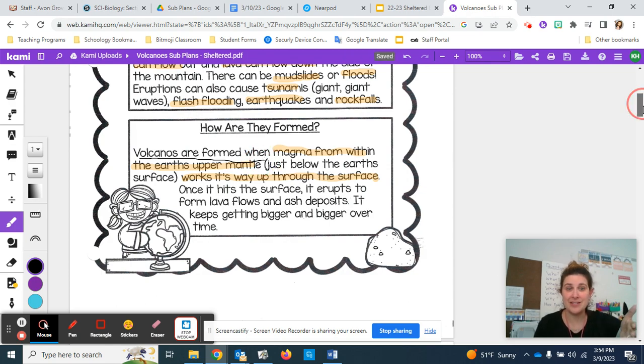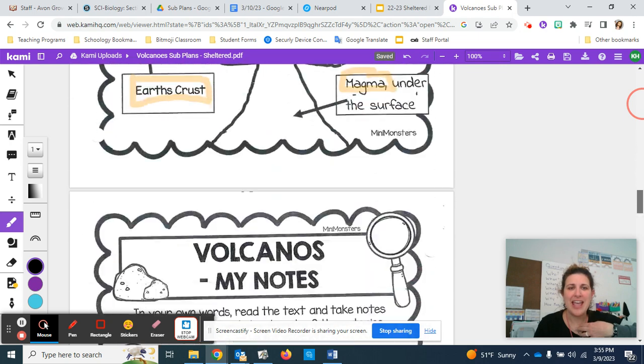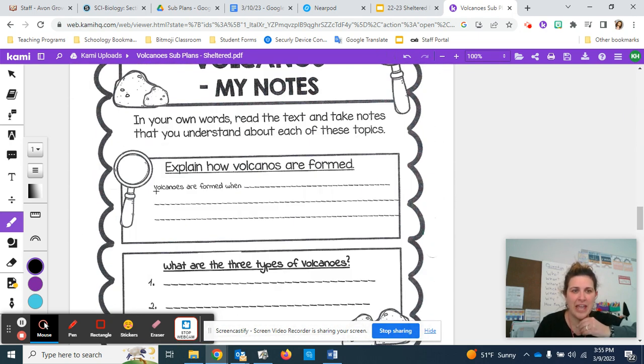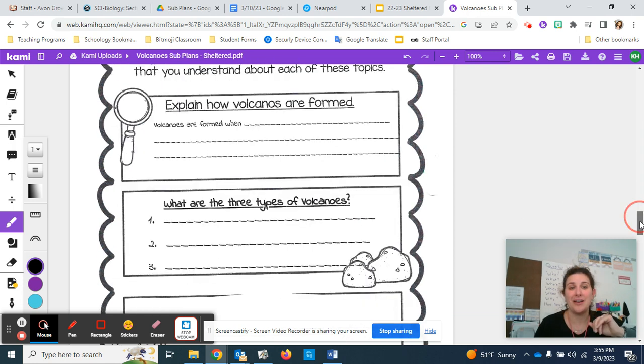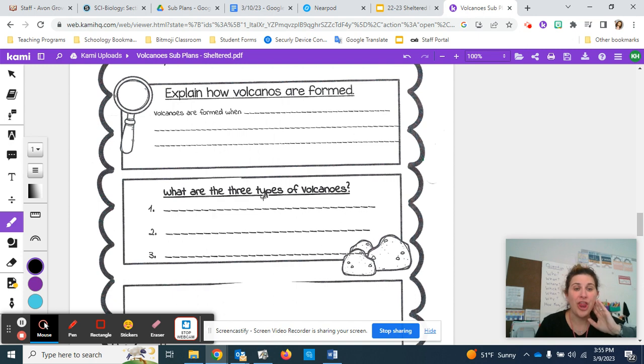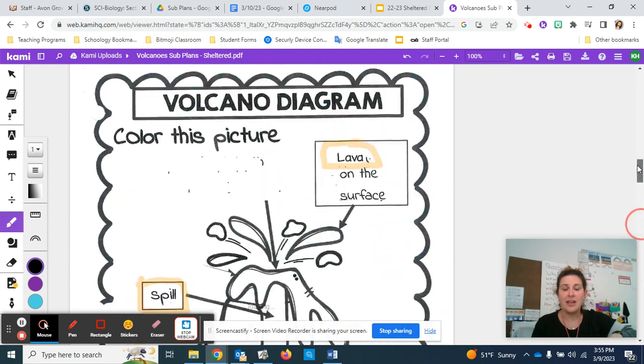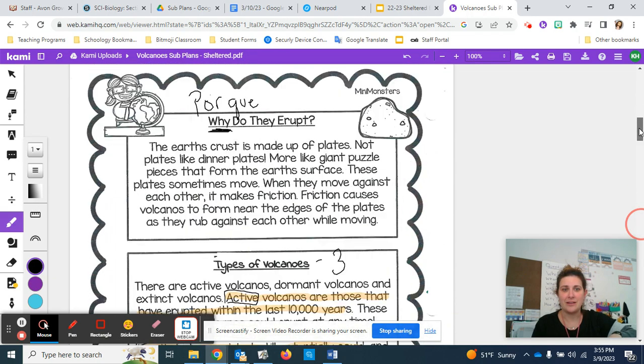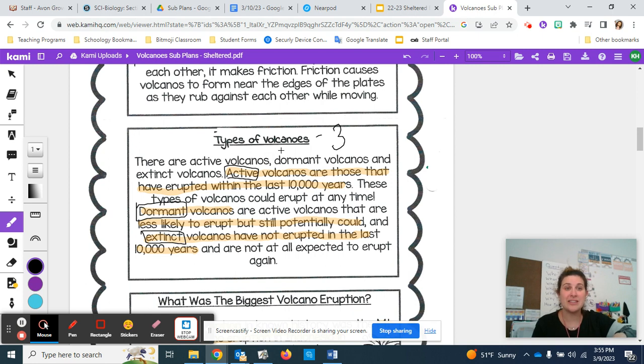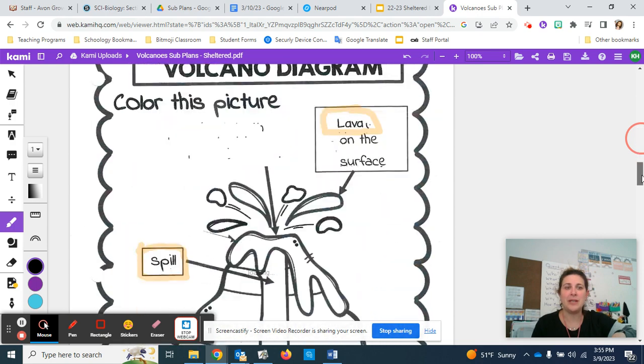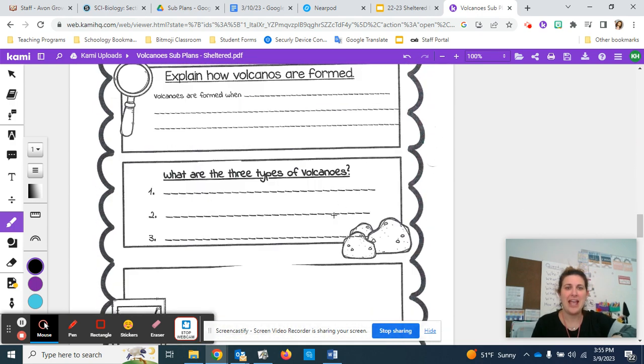Leer otra vez y poner la respuesta en la línea. La segunda. What are the 3 types of volcanoes? Hay 3 tipos de volcanes. Otra vez, tiene la información en la primera página. Right? Hay 3 tipos de volcanes. Leer y escribir las respuestas en la línea.